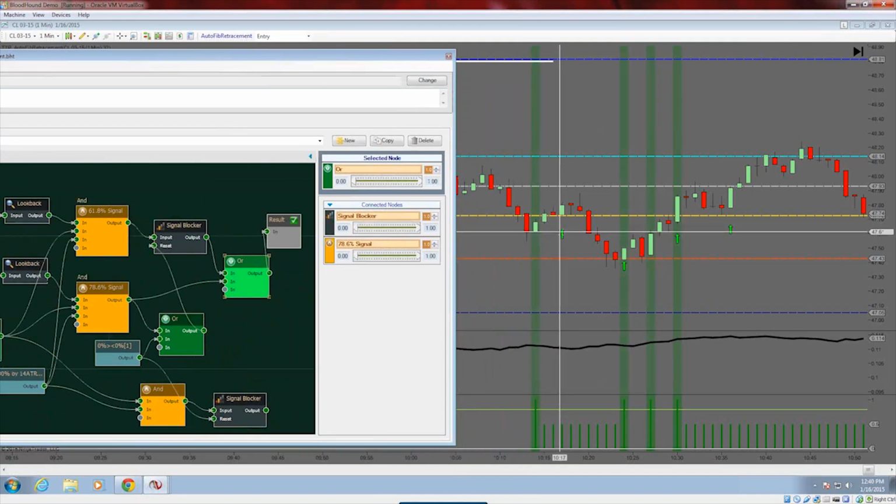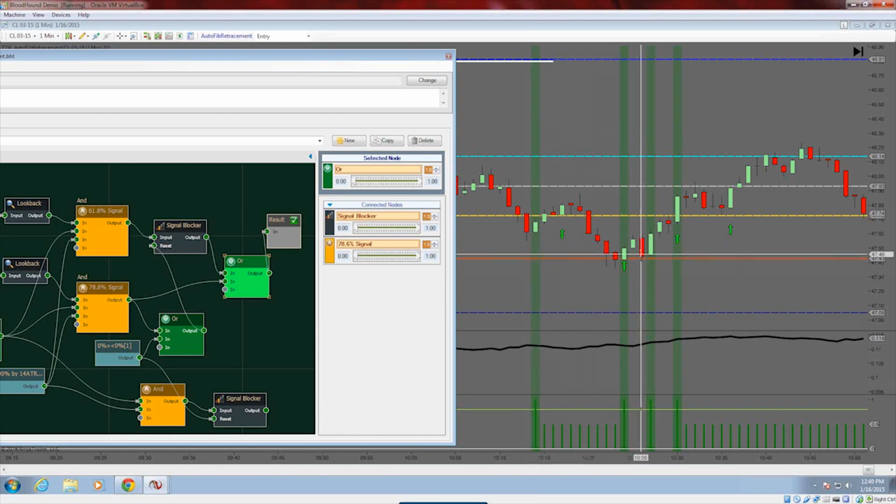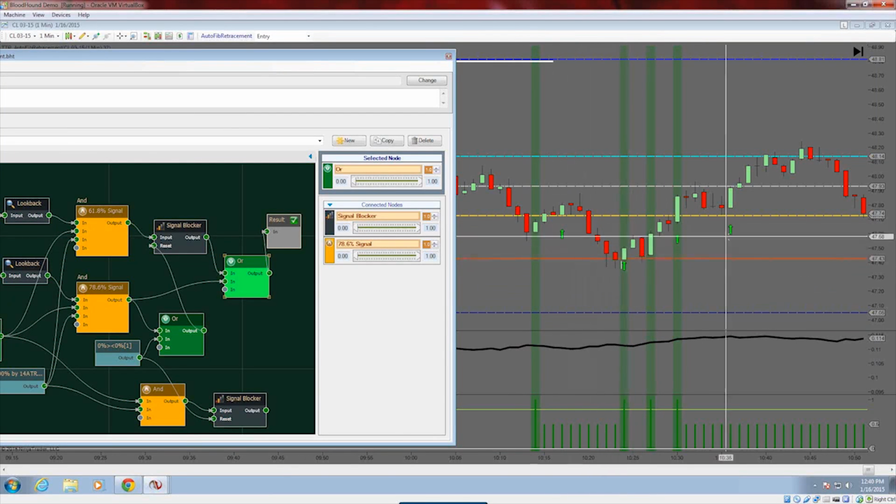So I want to see the original signal from the 61.8, and then the next signal only from the 78.6, or not until the 0% line shifts.